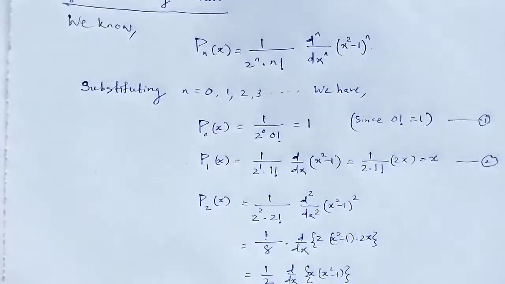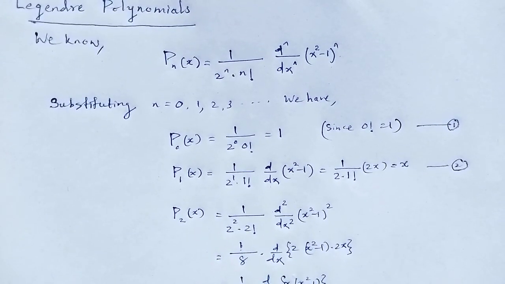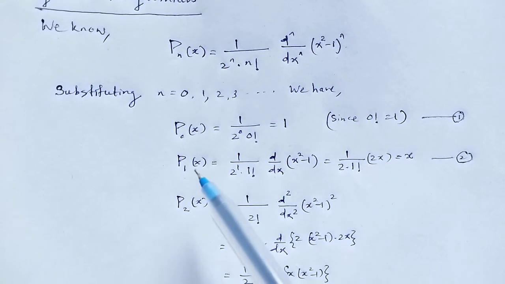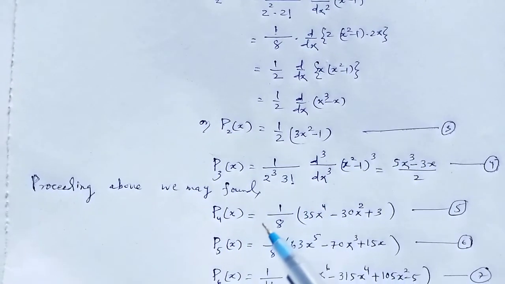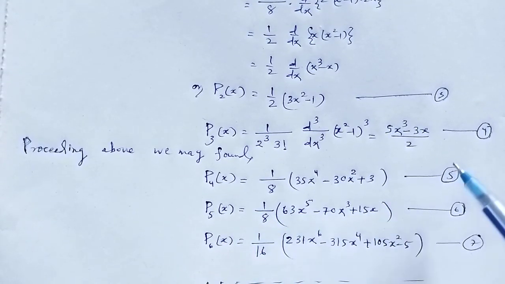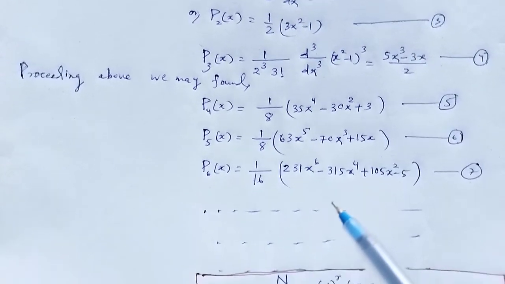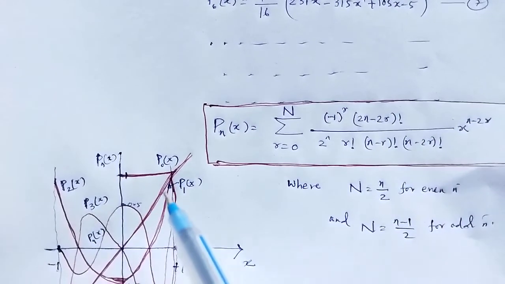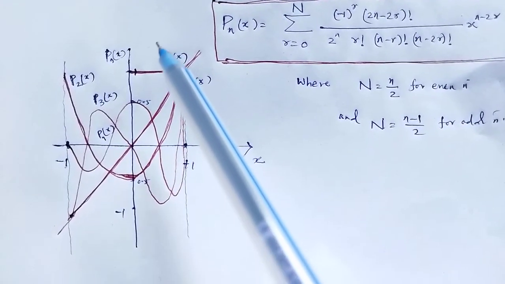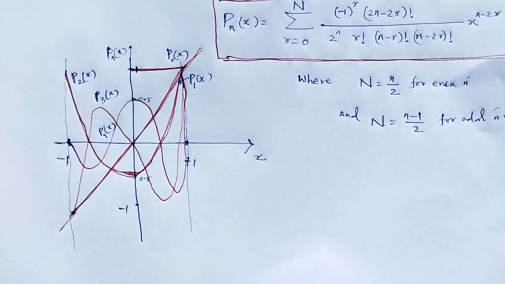Using Rodrigues' formula, we can get P0x, P1x, P2x, P3x, P4x, P5x and P6x. These are the Legendre polynomials, and we generalize these equations to get Pn of x. We also saw a graphical representation of the Legendre polynomials in the range -1 to +1.